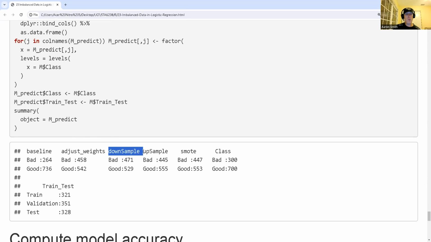We have downsample, pretty close to balance, 50-50. Upsample, pretty close to 50-50. SMOTE, things are not exactly that way, but overall you can see that it's close to 50-50. Now here's the actual original values, and here's our train test split.